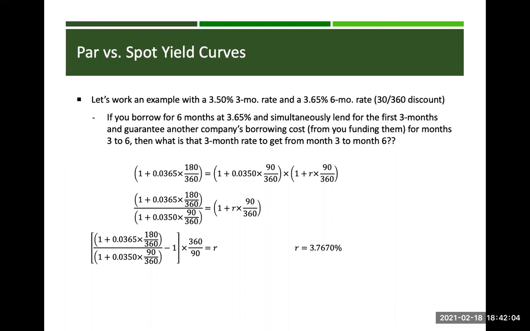So think about it from a broker-dealer perspective, because that sounds like the question you're looking for. A broker-dealer is making a market in forward rate agreements, forward interest rates.